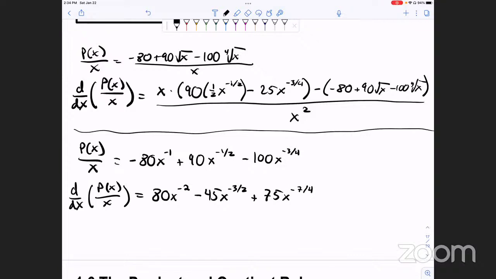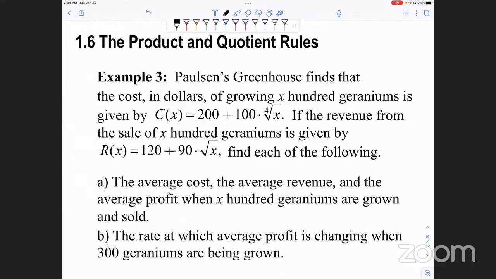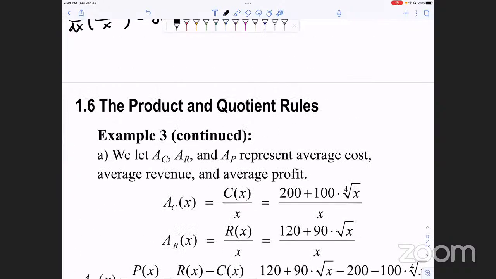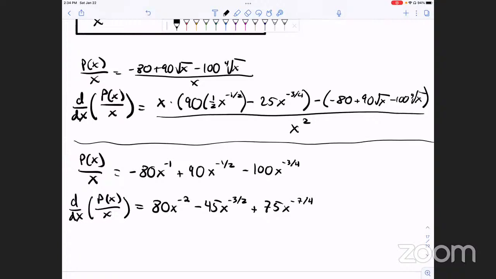So we wanted to evaluate this when x was 300. Let's say at x equals 300.